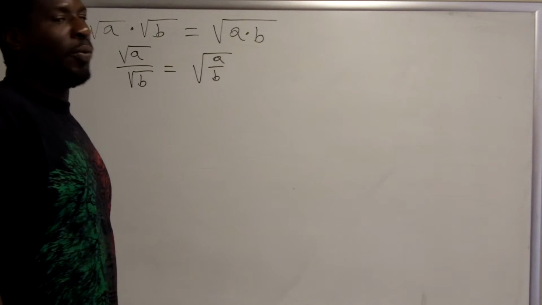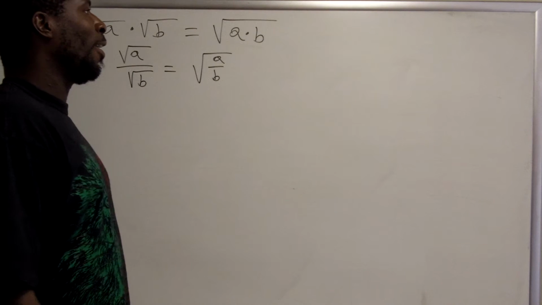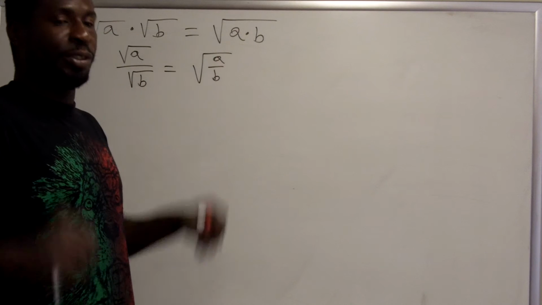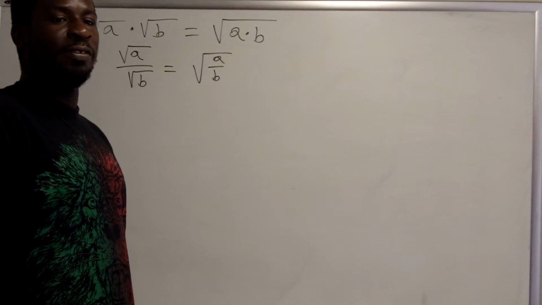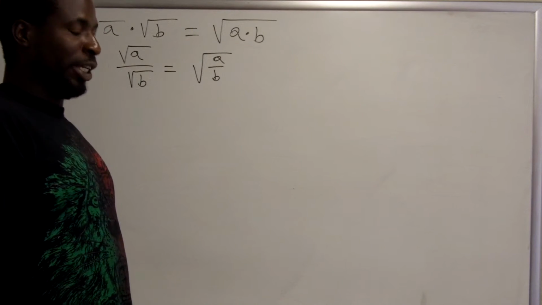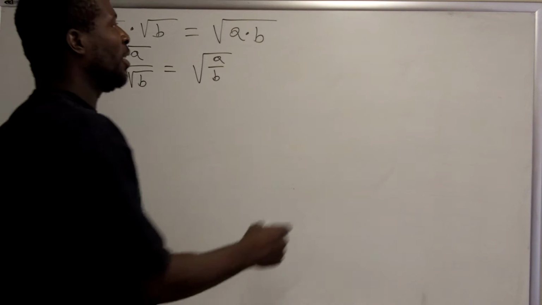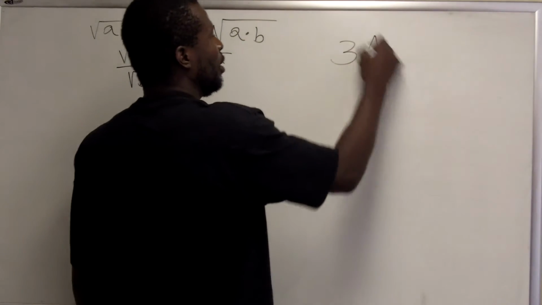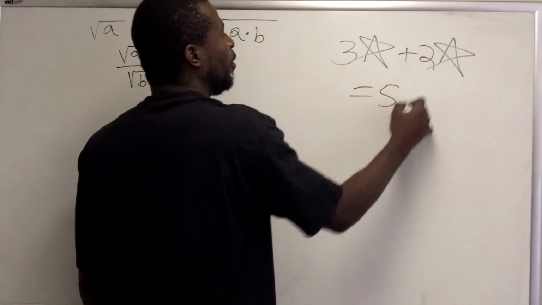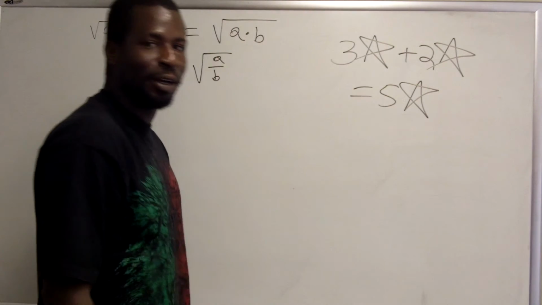And also, we have to know that in order to combine things as like terms, they have to have the exact same image after the number. So for instance, 3 of those plus 2 of those is equal to 5 of those. You don't even have to know what those are.